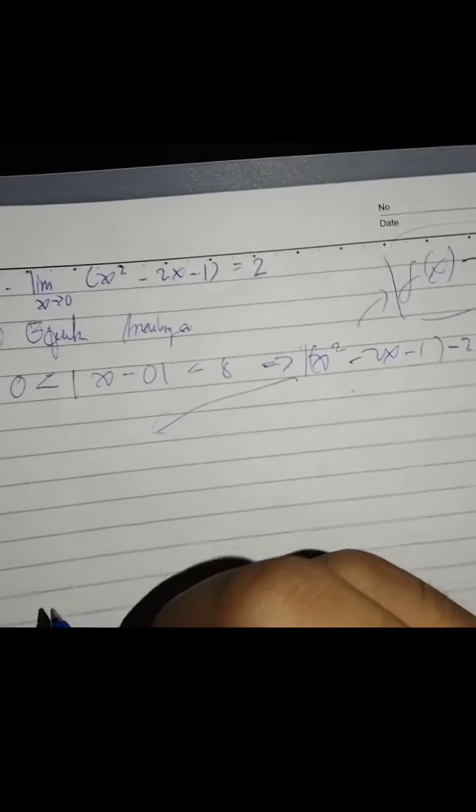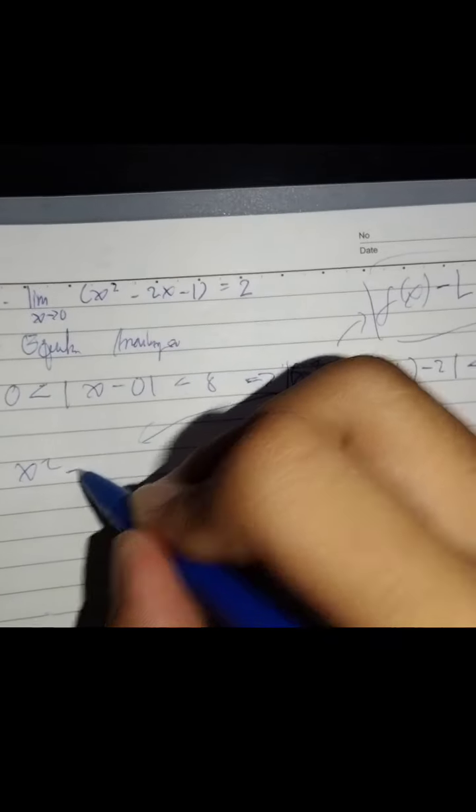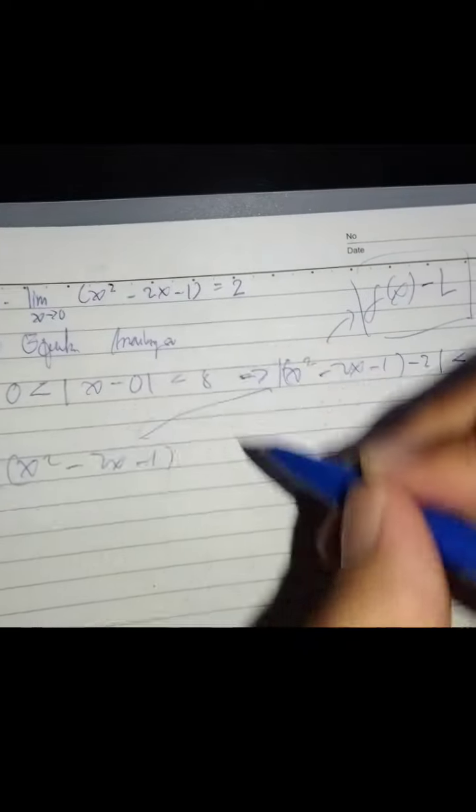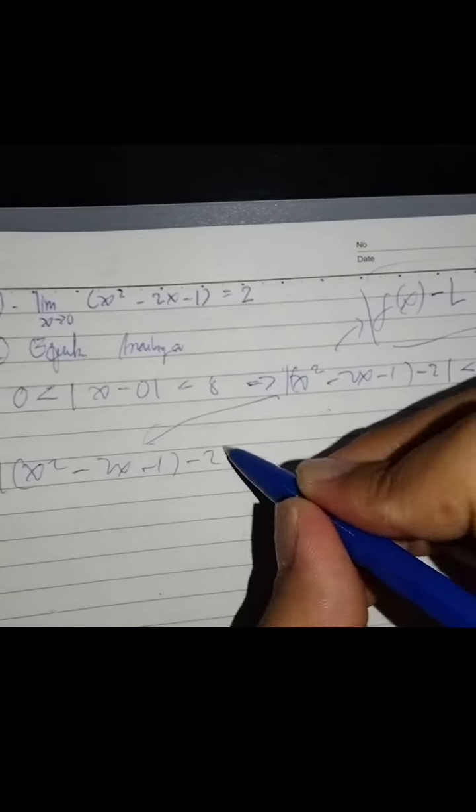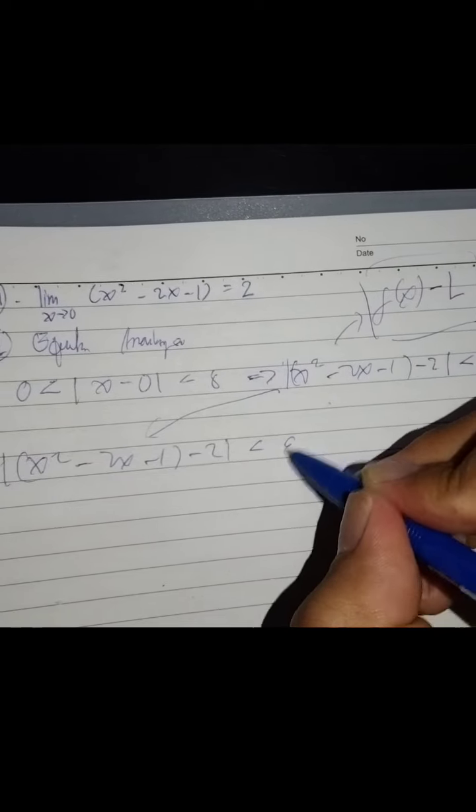So we can write this: x squared minus 2x minus 1, still absolute, minus 2 is smaller than epsilon.